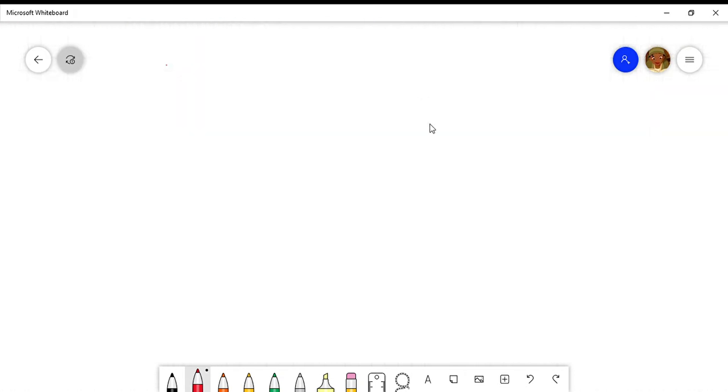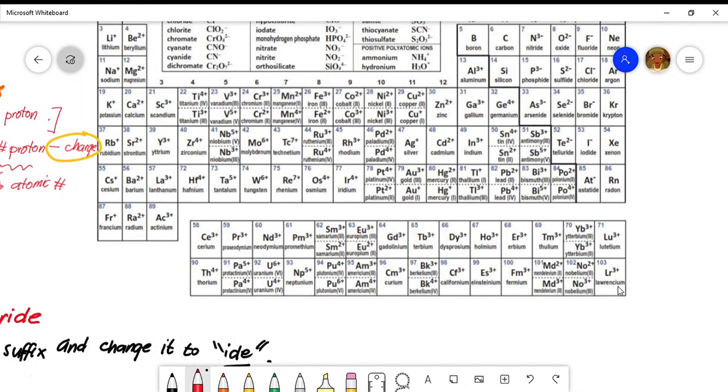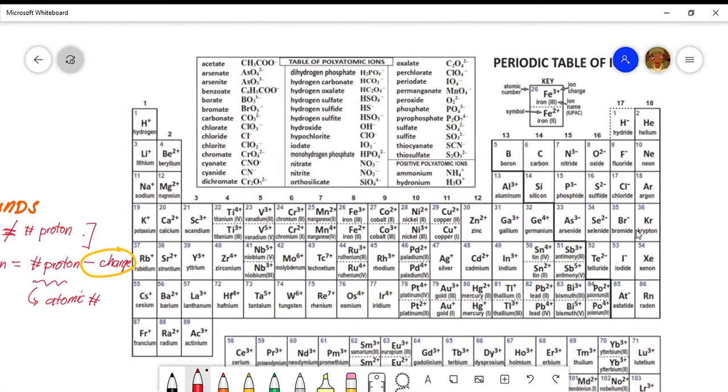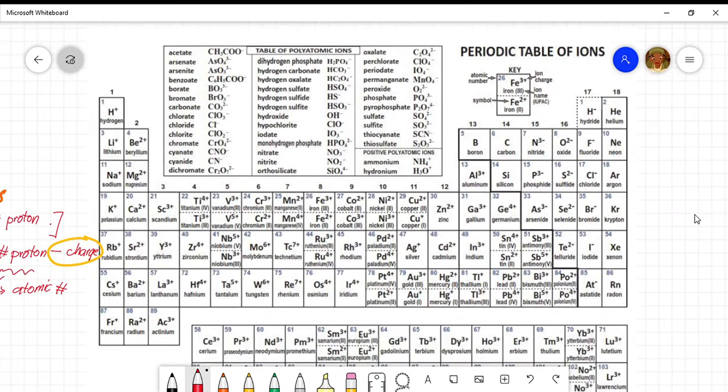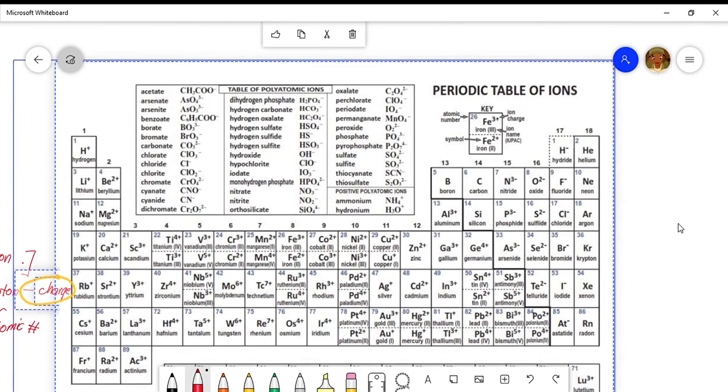So what if we have cations that take on multiple charges? So for example, transition metals. When we look at transition metals, I have this very helpful periodic table of ions here. We have several ions here.